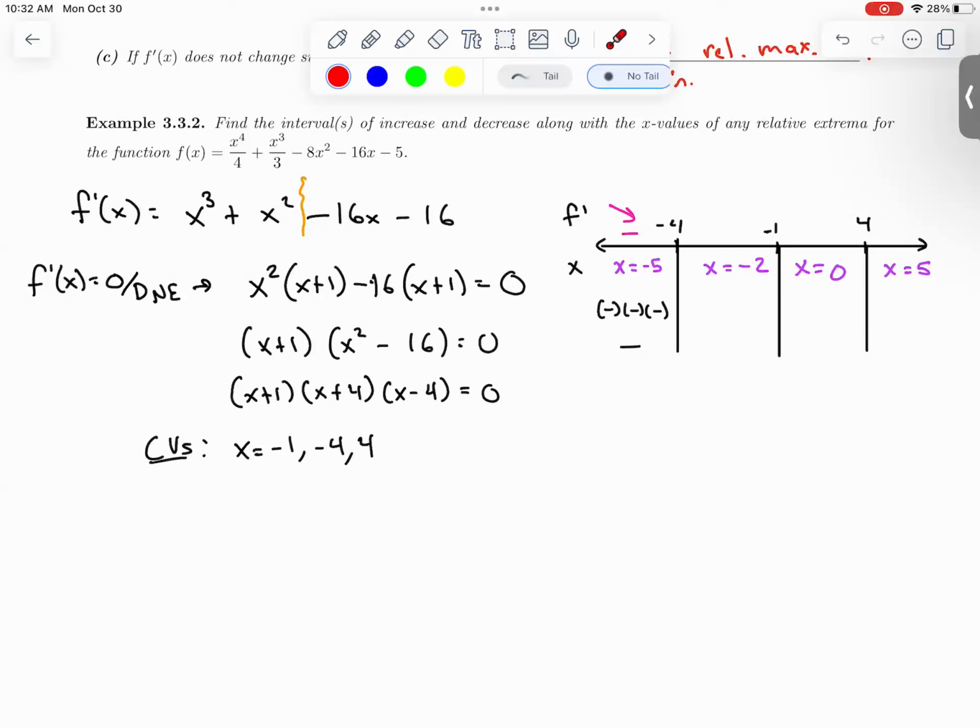If you end up plugging in a test value and it gives you 0 in your derivative, that means your number line is wrong, that you accidentally forgot to include a critical value. Okay. So you should get negative, positive, negative, positive.